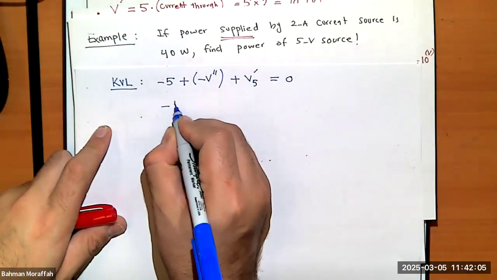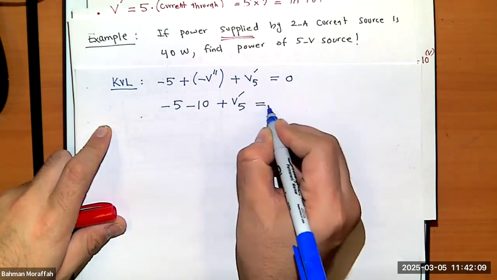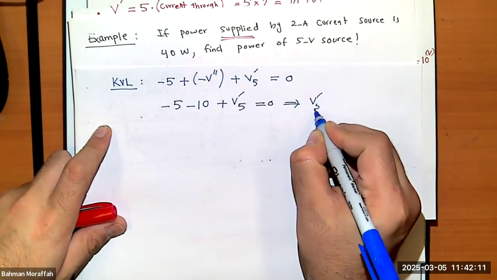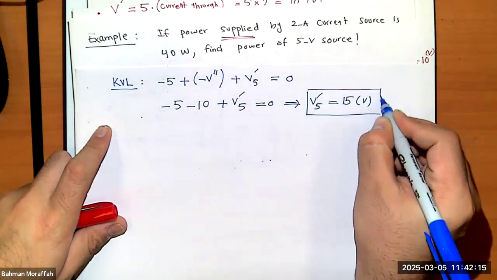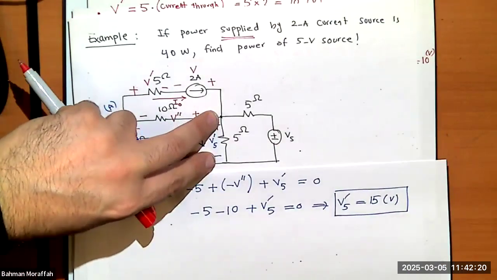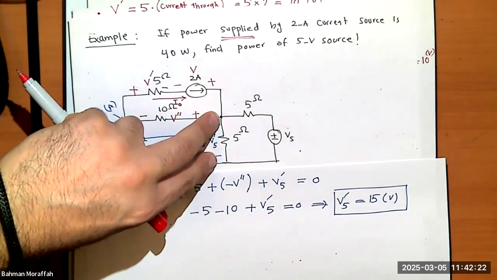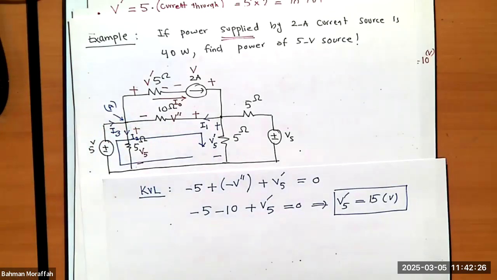So I have -5 minus 10 plus V prime 5 equals 0. Therefore, V prime 5 is 15 volts. So what I do know is that this voltage over here is 15 volts. As soon as I know the voltage across it, I know the current through it.